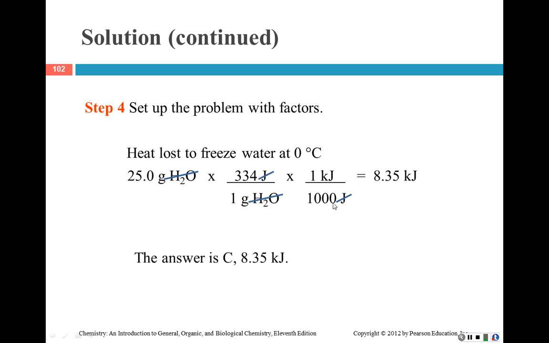So we put joules down here and put our conversion from joules to kilojoules, and that gives us 8.35 kilojoules. So if you start with what you're given and use dimensional analysis, the next thing is going to be grams of water, and the conversion factor, so that leaves joules on top, and then you convert joules to kilojoules. Very simple. Easy for me to say, right?